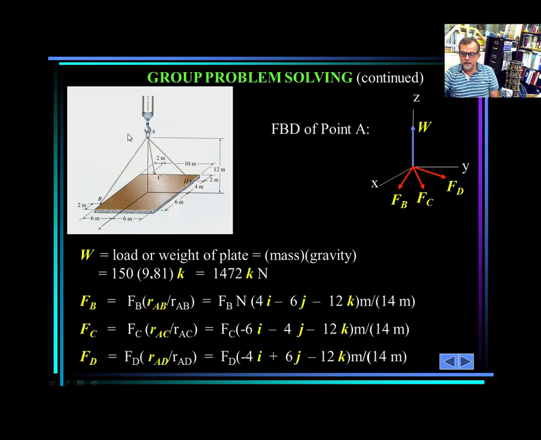Remember, the weight is 1472, and it would be acting downward if I put my weight here, but that wouldn't be a particle equilibrium. I'm saying that this cable, or these two cables, or this point has to be equal to the weight if this is an equilibrium. So the weight in my case is acting up like that.